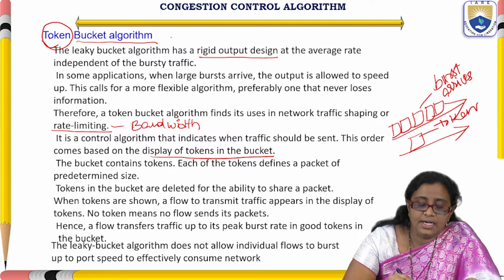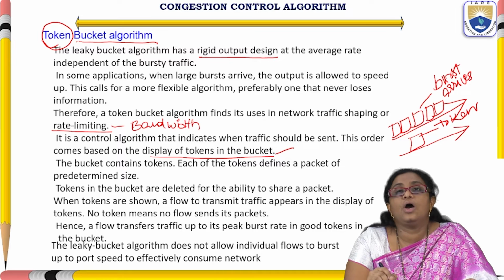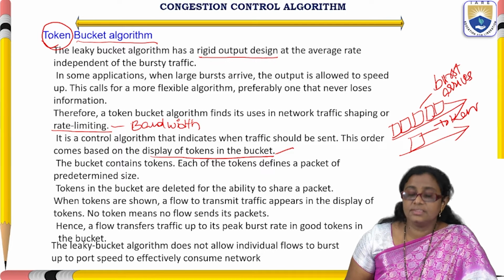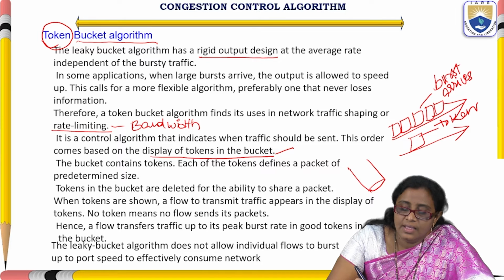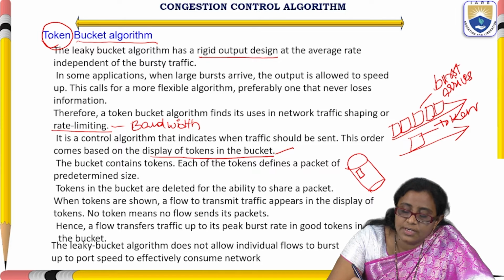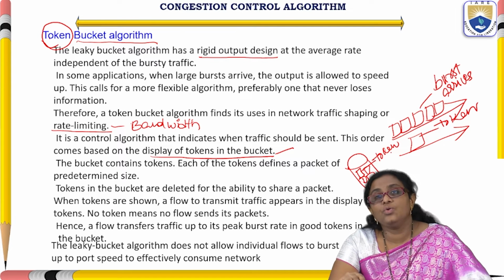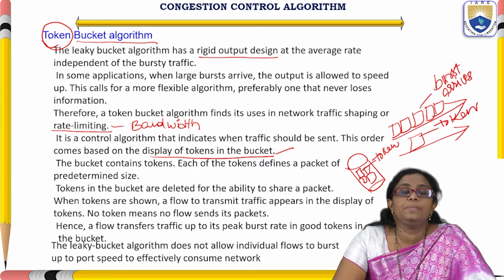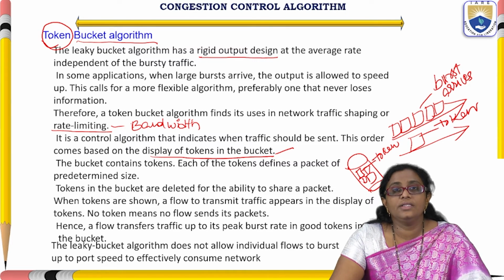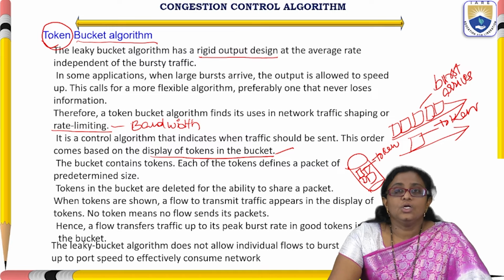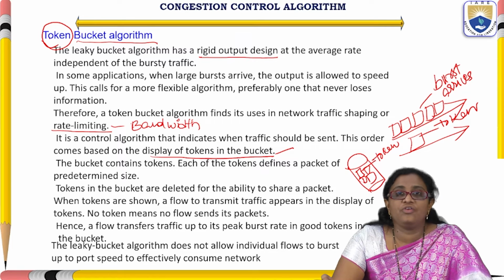Here we have to identify the display of the tokens in the bucket, like in the leaky bucket algorithm. In the bucket, we have to identify the number of tokens which should be displayed, by means of the token bucket algorithm. The bucket contains tokens, and each token defines a packet of a predetermined size.